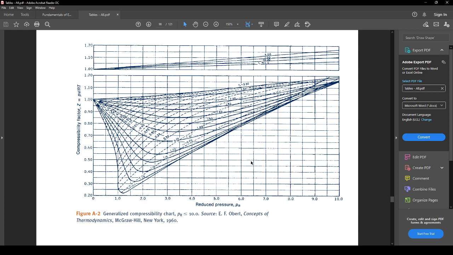And so, like I said, you do the same things. What you're going to do is you're going to find your reduced pressure, right? Using your critical pressure and your critical temperature, you'll find both of these two things. You'll find TR, which are these lines going across, and you'll have your PR, and you'll find where they meet up, and you'll go over and you'll pick out your Z, your compressibility factor, which is right there.